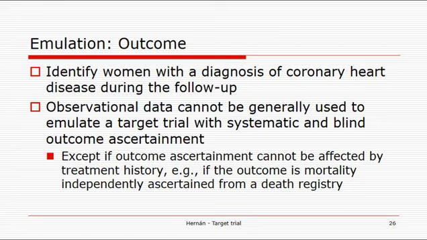We want to do that. We are never going to be able to do that with observational data, and that's also a difference that we need to keep in mind, except for death, when it doesn't matter. The person knows whether the person is dead or not, and it doesn't matter which treatment they got. But for all other outcomes, it's possible that the treatment they were getting somehow has an effect on the ascertainment of the outcome.